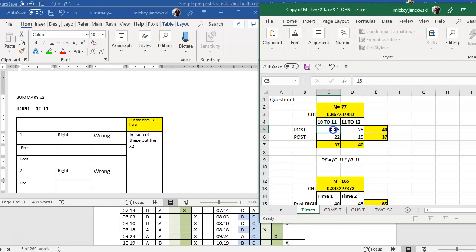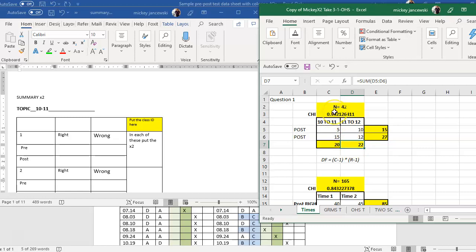And then when you do this, let's say that 10 to 11 had 5 right and 15 wrong, and 11 to 12 had 10 right and 12 wrong. That tells us the chi-square, which is what we have as the probability that the difference in these two groups is caused by us.